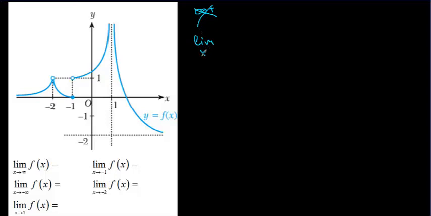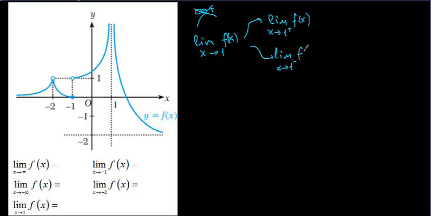I'm solving the first one normally here: the limit as x extends to 1 of f(x). We should check the limit as x goes to 1 from the positive side of f(x), and the limit as x goes to 1 from the negative side of f(x). We have to find these values first.